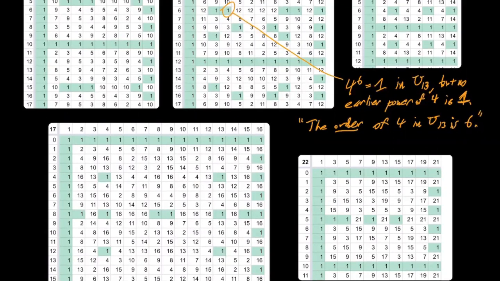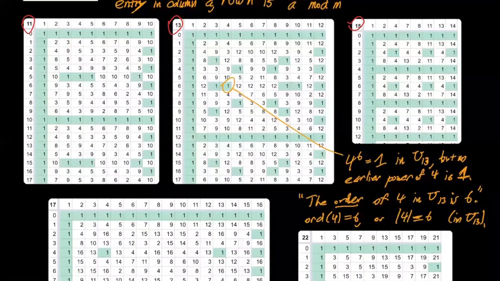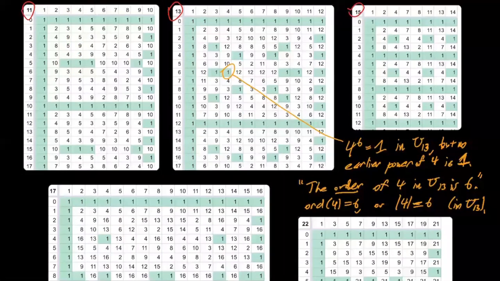We can say the order of 4 equals 6, or sometimes people just use an absolute value notation. Of course, you need to know the context that this is all in U13. Because if you look at the order of 4 in U11, the order of 4 is 5 in U11. So you need to know the mod that you're in.